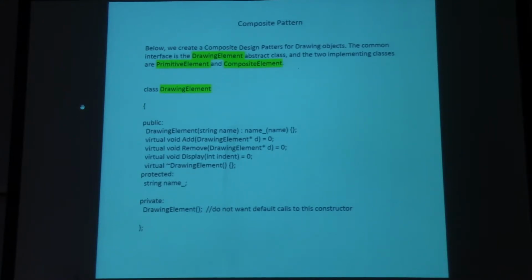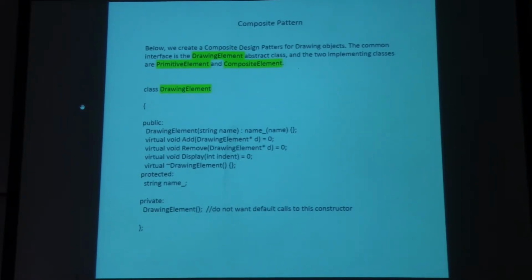What is part of this class? We have the drawing element constructor, which is real. Then we want to add a drawing element, and that's pure virtual. We want to remove a drawing element, pure virtual. And we want to display a drawing element, also pure virtual. Then we have a virtual destructor, which we talked about last time.